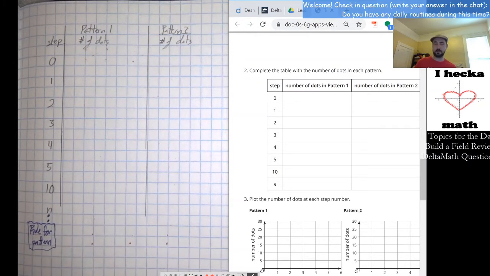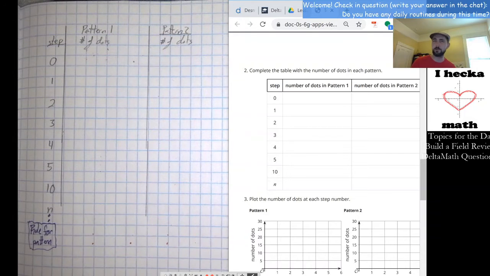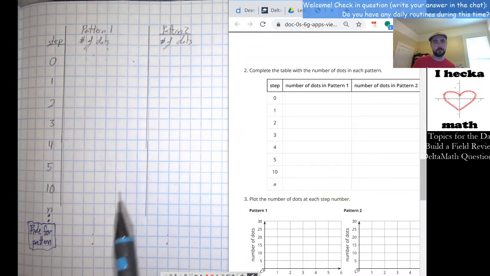And this one is the tricky one. So I'm going to save this one for last, but this is the one that I want to see if you can figure out on your own. What is the rule for this pattern? So if you want, pause the video to fill this out. I will be filling it out while you do.